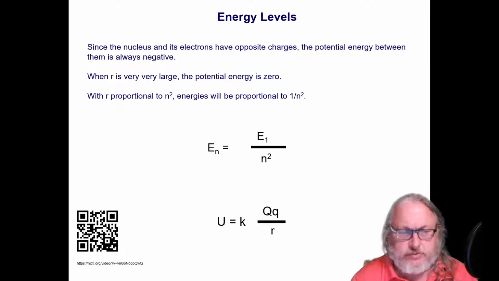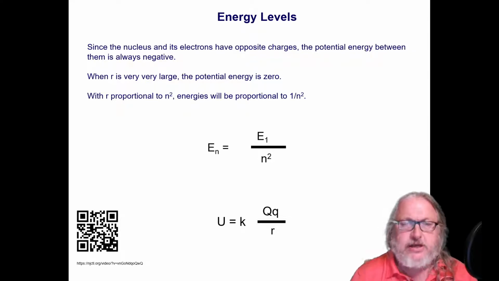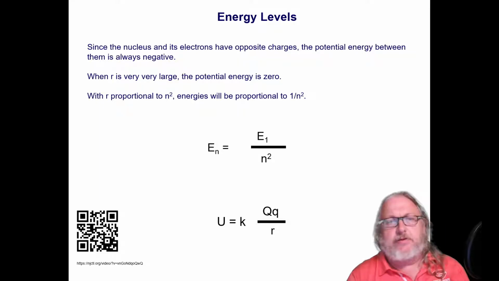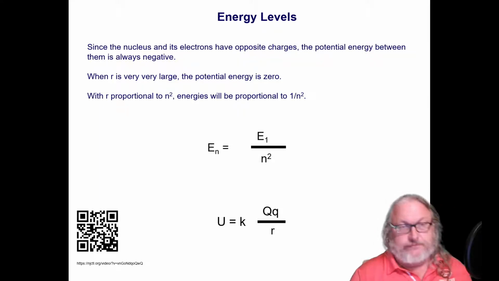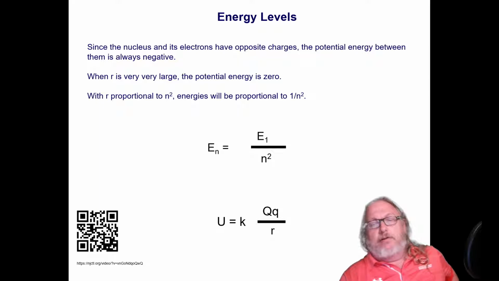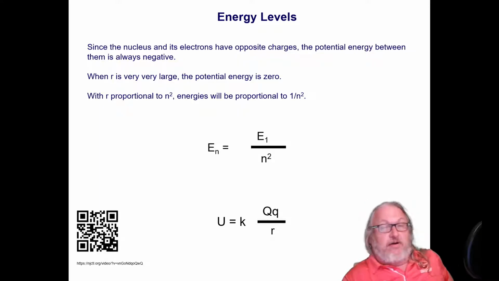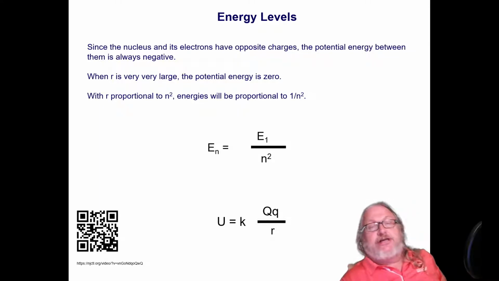Since the nucleus and its electrons have opposite charges, the potential energy between them is always negative. So when R is very, very large, the potential energy is 0.